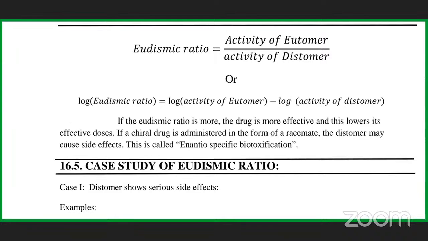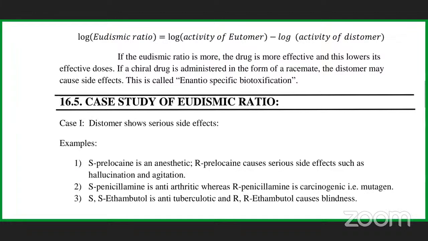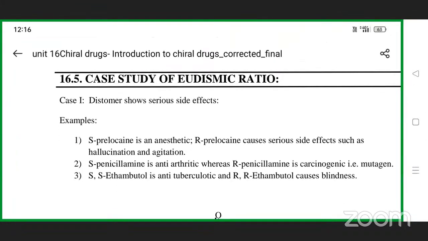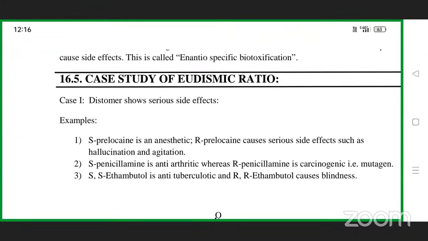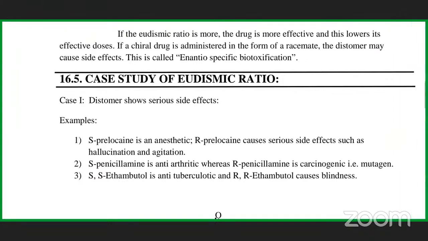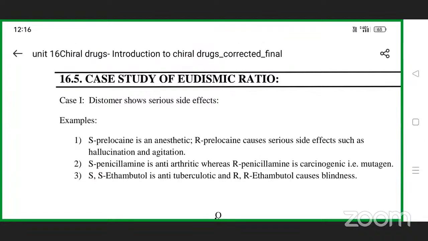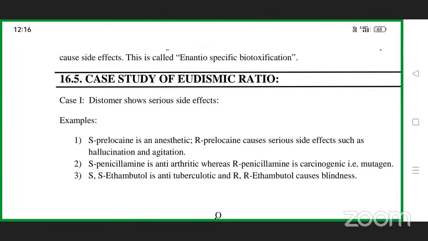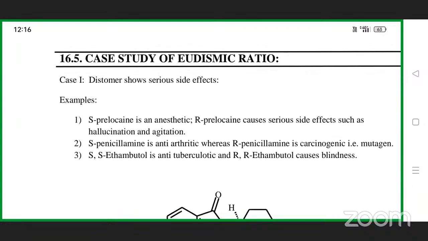Okay. Then case studies of eudismic ratio. This is one of the important long questions here, right? Which can be expected in the examination here. So a very important question is the case studies of your eudismic ratio.